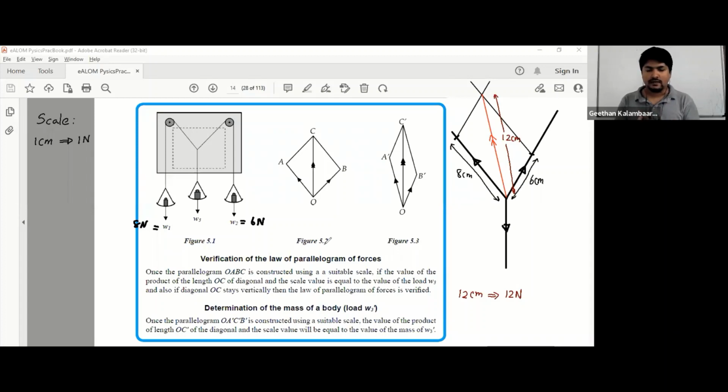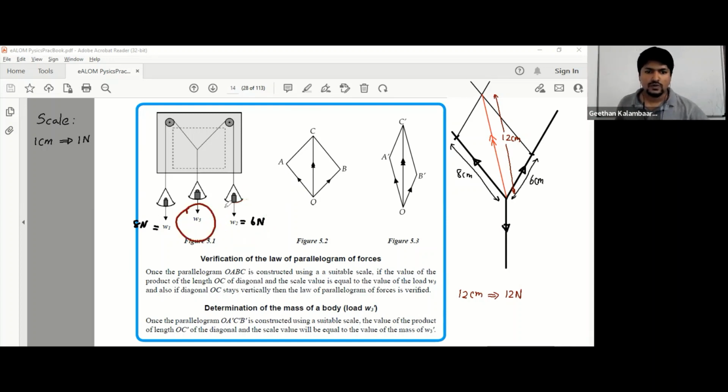So now let's see, once you do the verification, how you are going to find an unknown mass. That's also very easy. Let's take the same example, and assume that we do not know W3, but we know W1, 8 newtons, and W2, 6 newtons.